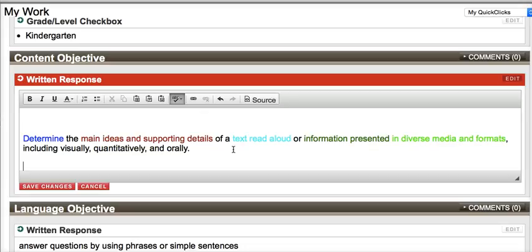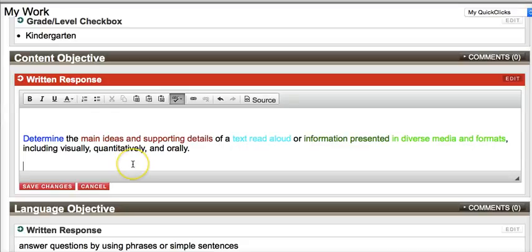And an objective always has to have a measurable verb and content. And the verb and the content, or the skill and the content, are then going to be placed in a context. And it is in that context that I'm going to measure what they know.